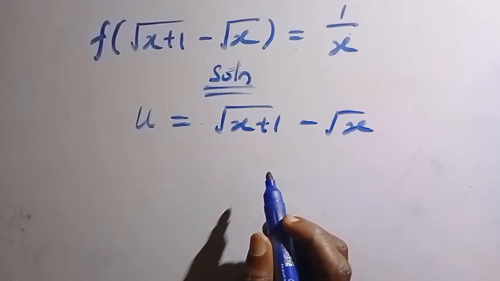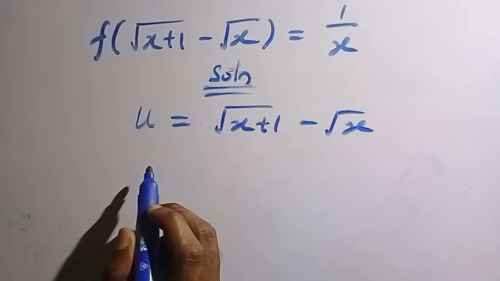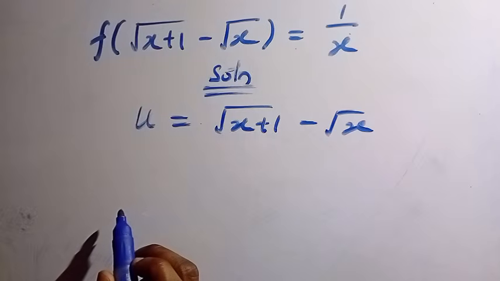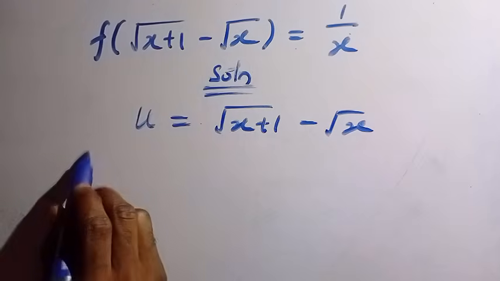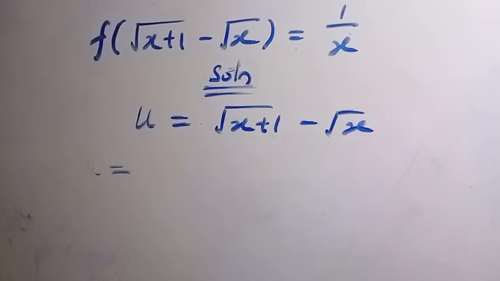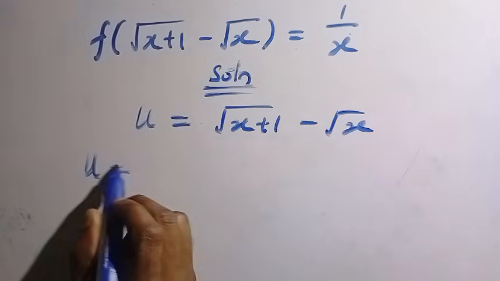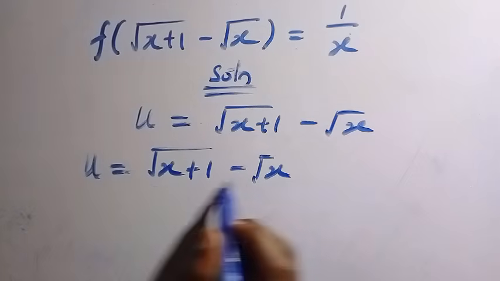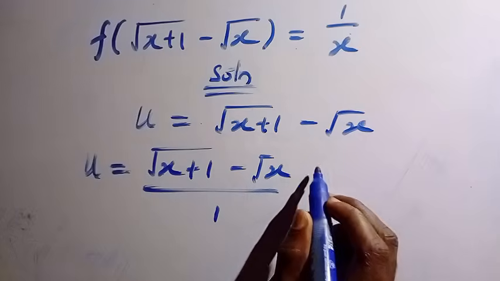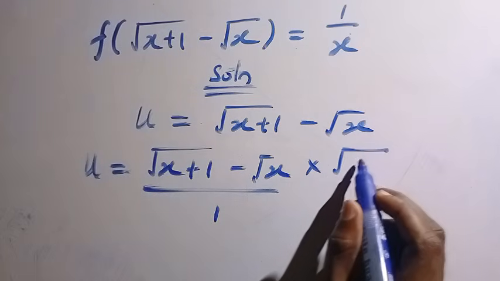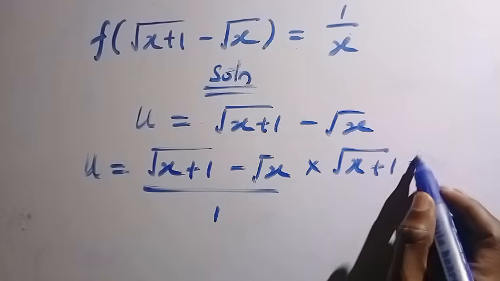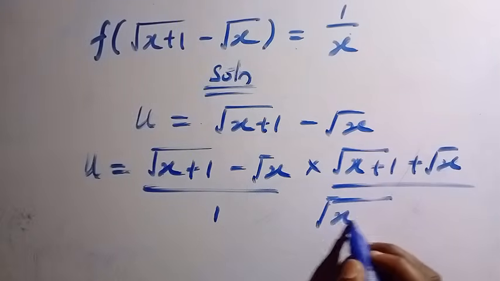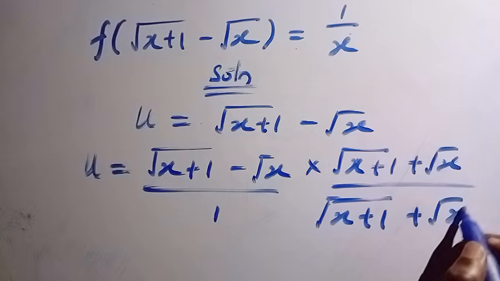The first thing we're going to do is change this to 1 divided by something, so I rationalize this. If I rationalize this, we are going to have u equals the square root of x plus 1 minus square root of x divided by 1, then multiply by square root of x plus 1 plus square root of x divided by square root of x plus 1 plus square root of x.